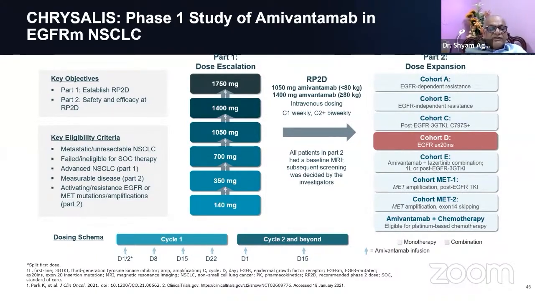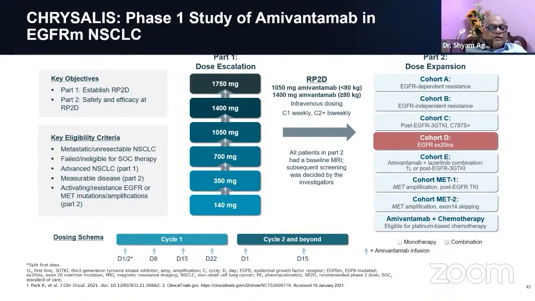So this is the phase 1 trial, the Chrysalis phase 1 study, and in the subsequent approved doses, if you look at that, 1050 milligram for a person who is less than 80 kilos, and for more than 80 kilos, 1400 milligram amivantamab. So this is the way it is given.